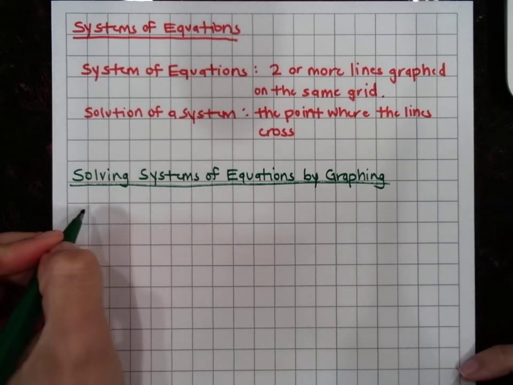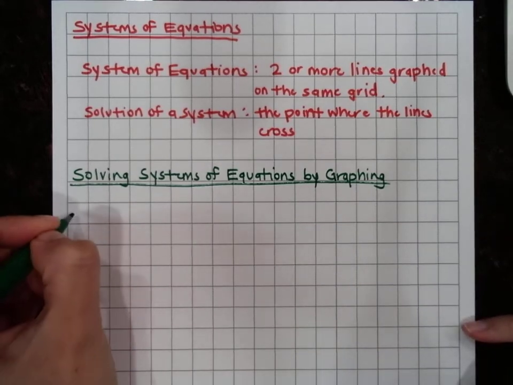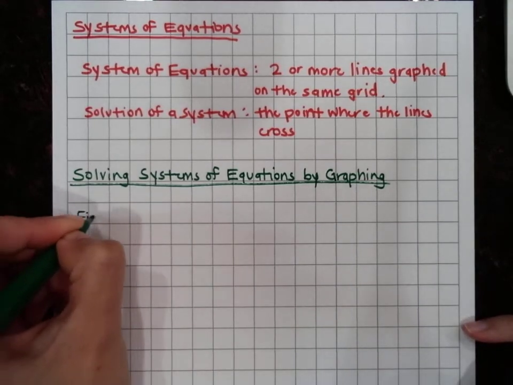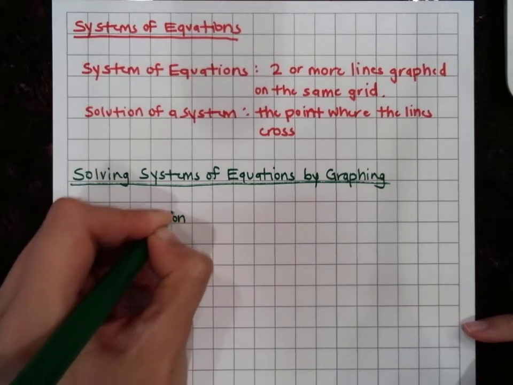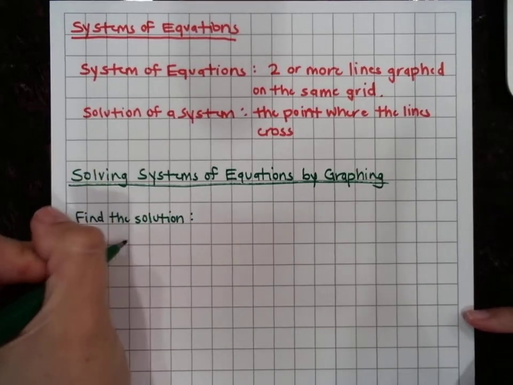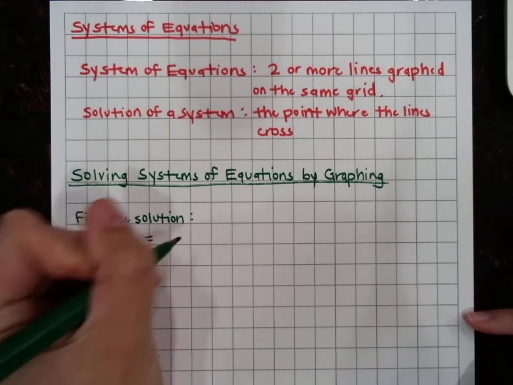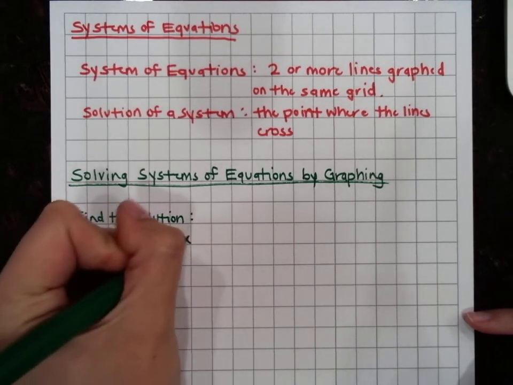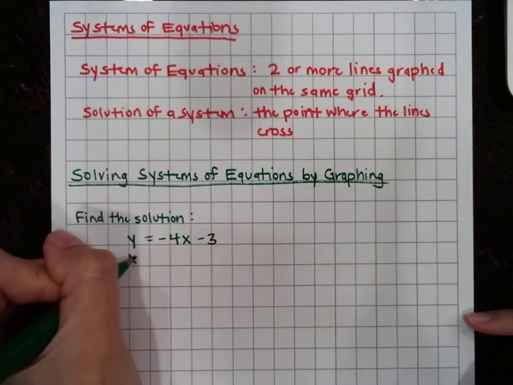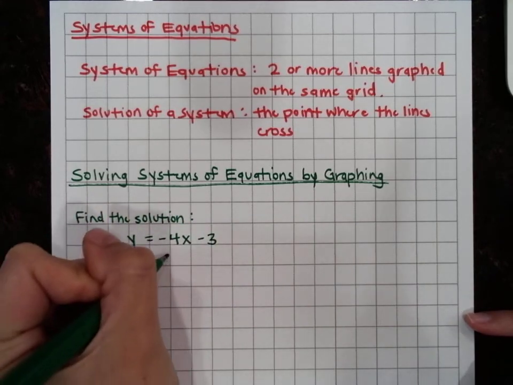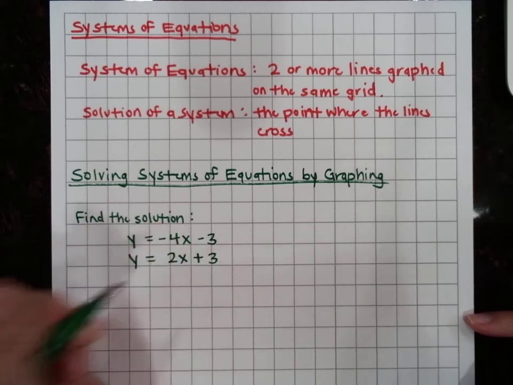So you're going to see something that says find the solution. And it's going to give you two equations, like y equals negative 4x minus 3 and y equals 2x plus 3.